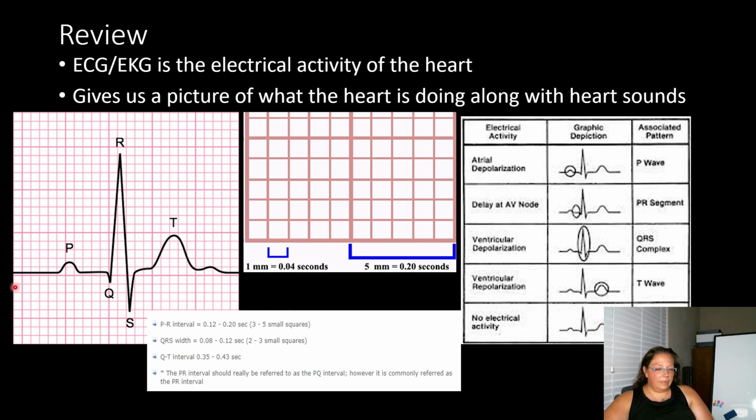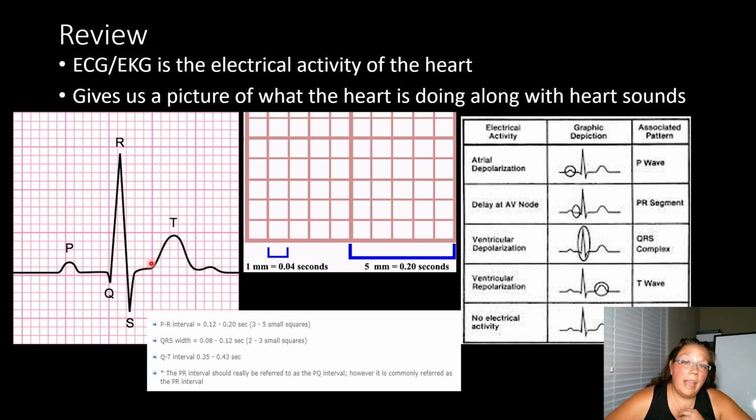Okay. And then last but not least, the line that's flat here in between each cardiac cycle is the isoelectric line. Why is that important? We're going to talk more about this with the 12 lead, but that's important because if you have an elevation with your ST, your T doesn't come back down to baseline here.